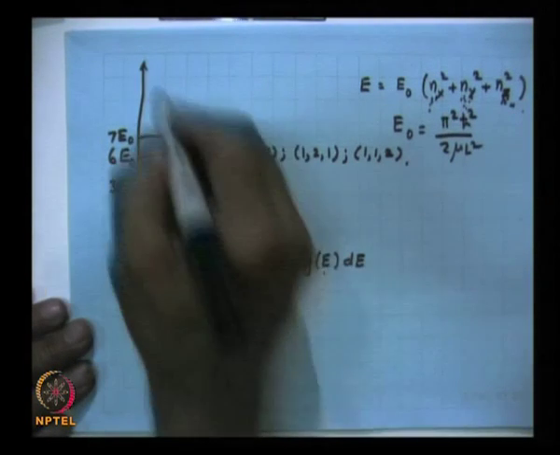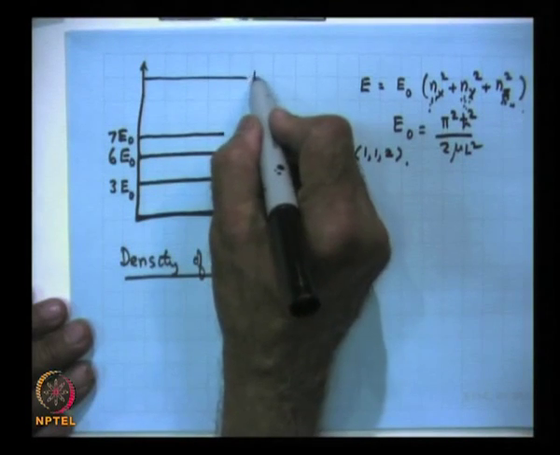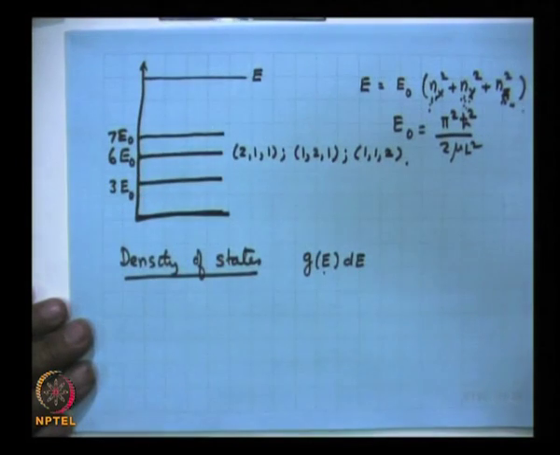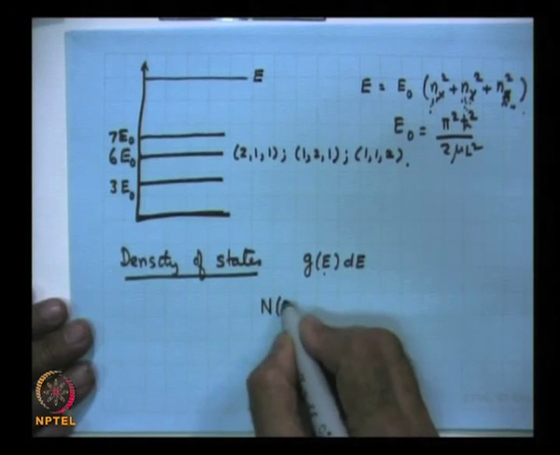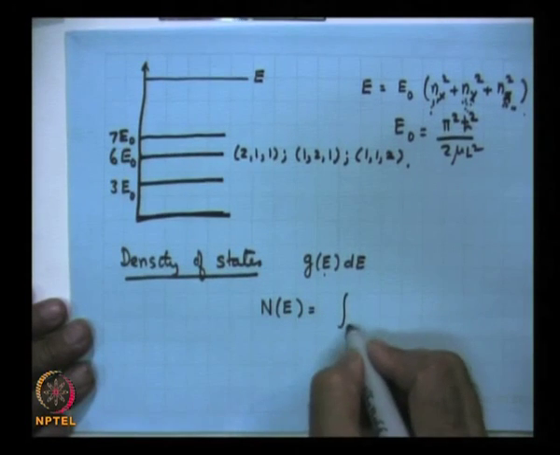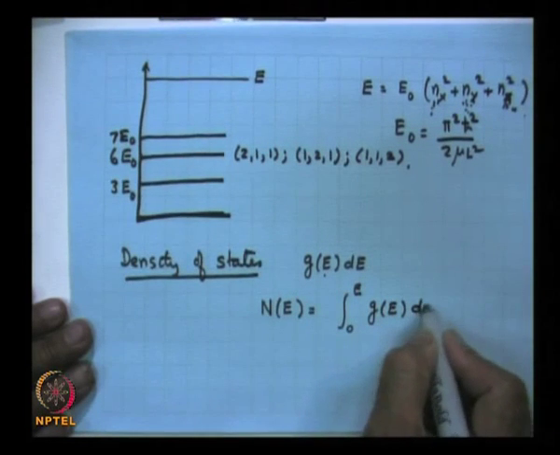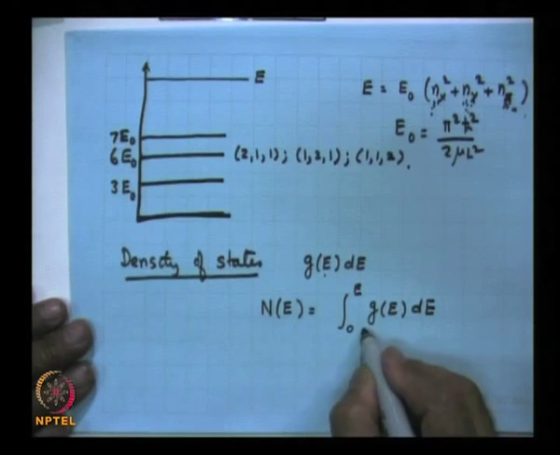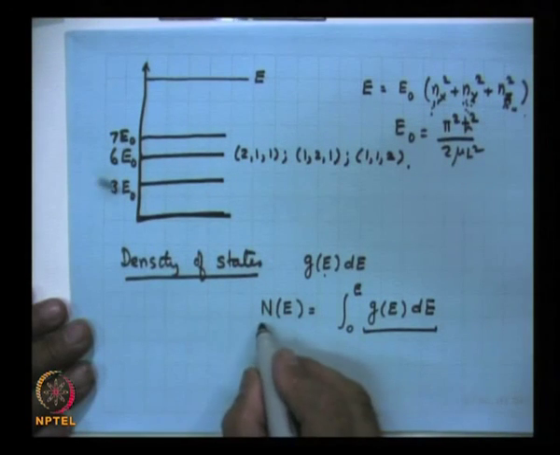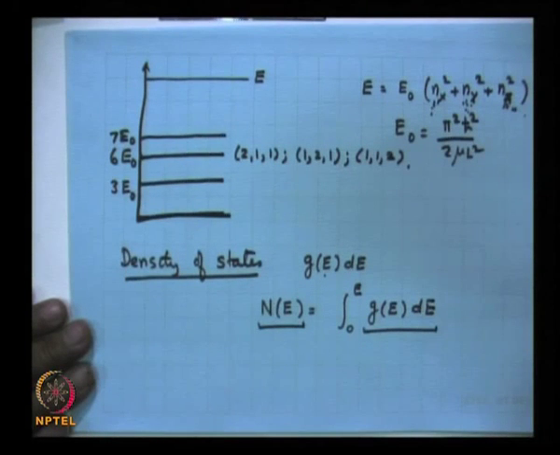So, let us suppose I want to find out the total number of states which have energy less than E, then n of E will be equal to the integral from 0 to E of G of E d E. This is the density of states and this is the total number of states whose energy is less than E. There is a difference in dimension between n of E and G of E. One has to be a little careful.